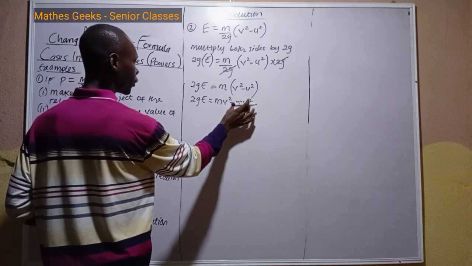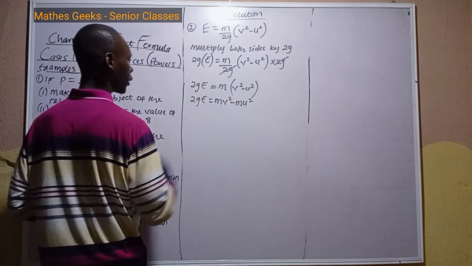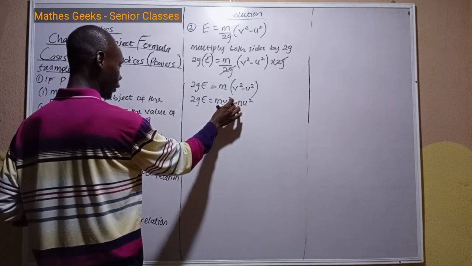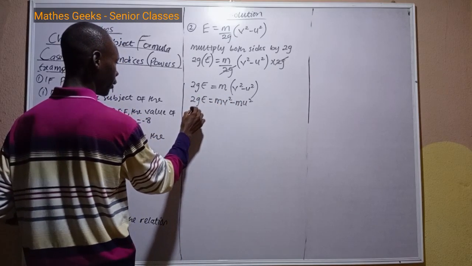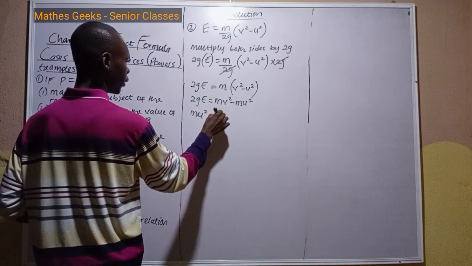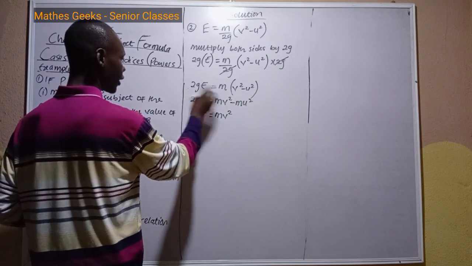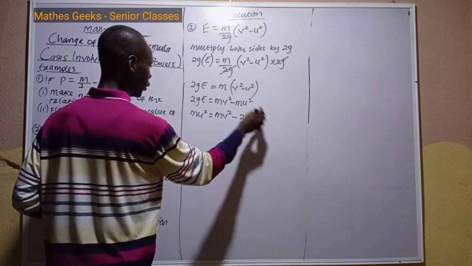Instead of going through that long process, just bring mu squared to this side and bring 2gE to this side. When this term with the negative sign crosses the equals sign, it turns positive. So mu squared equals mv squared. When this one crosses over, it's positive here, but because it crosses over, it turns negative, minus 2gE.